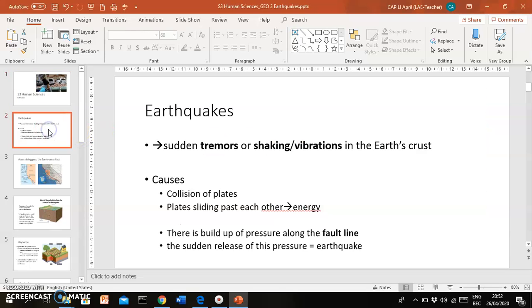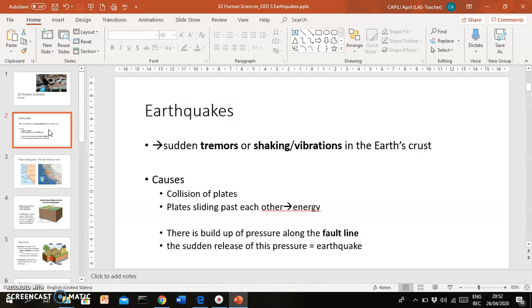But first, the first question is, what are earthquakes? Earthquakes are tremors or shaking vibrations in the crust. Okay, remember we talked about the different layers of the earth.